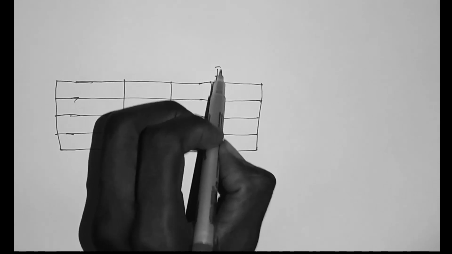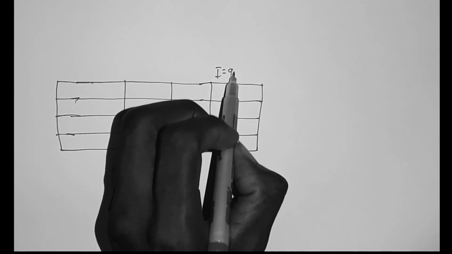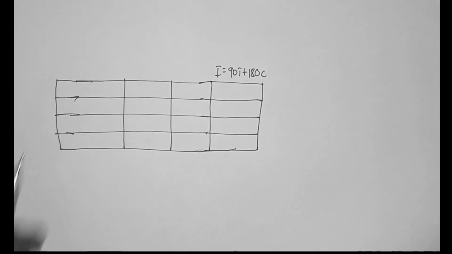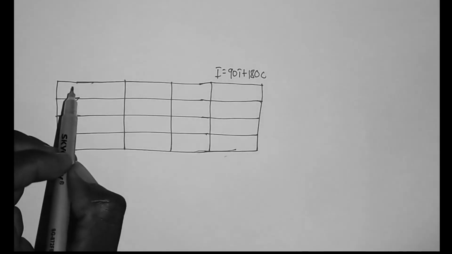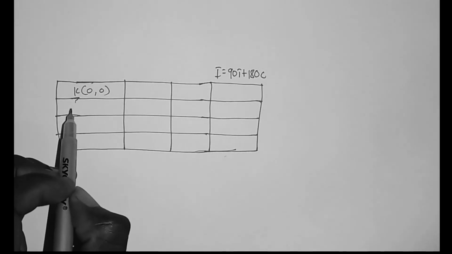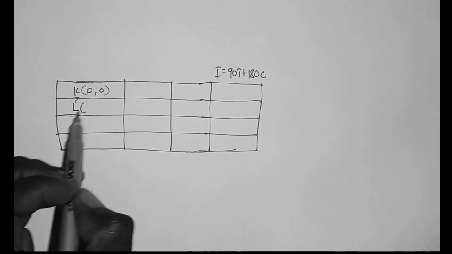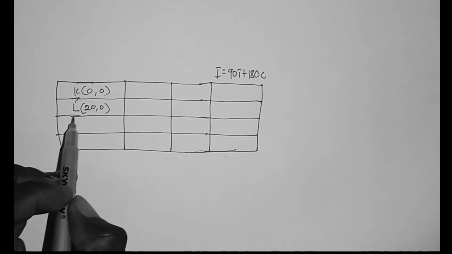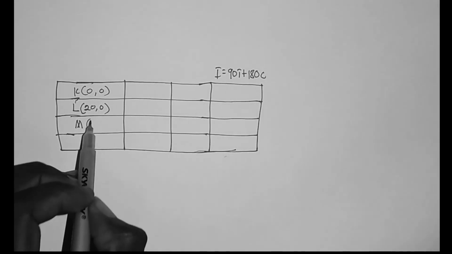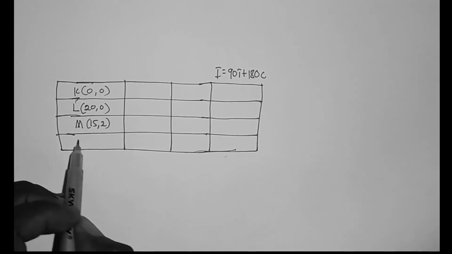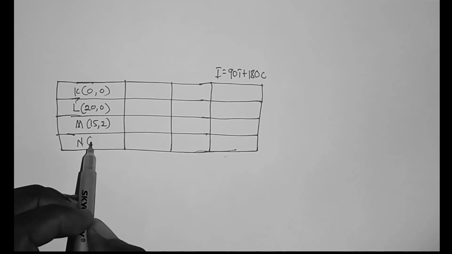So I is equal to 90T plus 180C. Now we have our point K, which is 0, 0, our point L, which is 20, 0, our point M, which is 15, 2, and our point N, which is 0, 7.